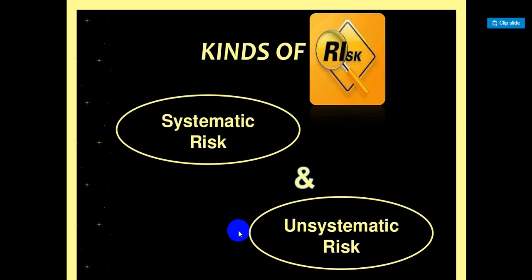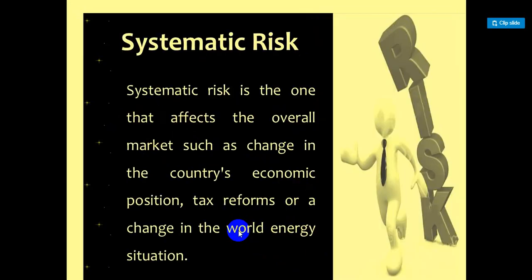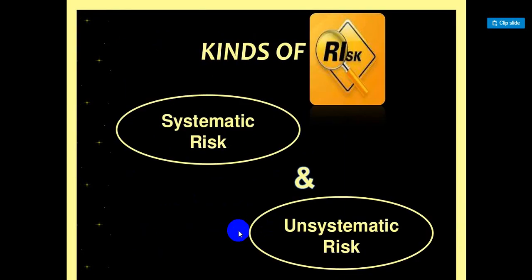Kinds of risk are systematic and unsystematic risk. Systematic means that is not controllable, whereas unsystematic means it is controllable. Systematic means uncontrollable, external to the company.